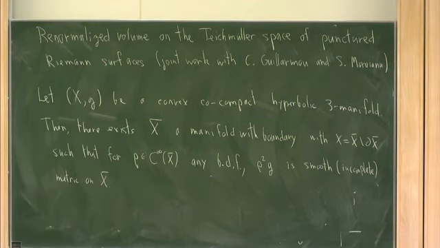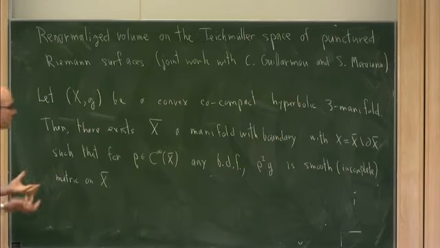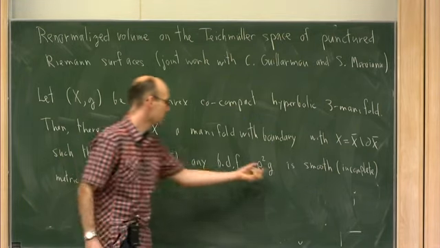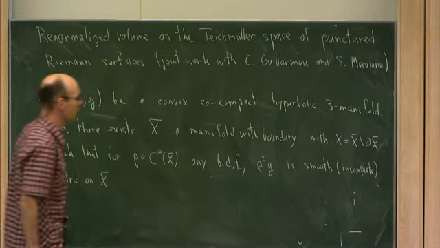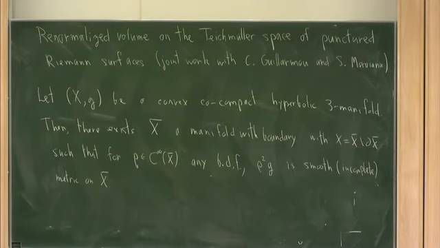Okay. And with this, we get an induced metric on the boundary by restricting rho square g on the boundary.